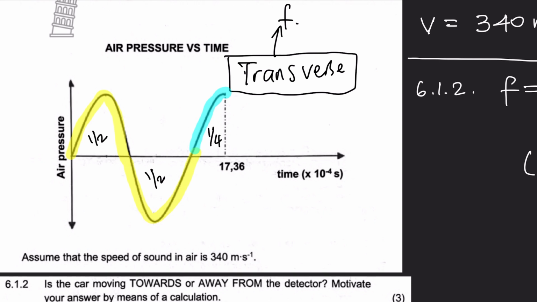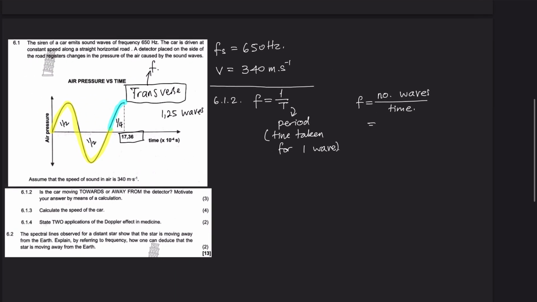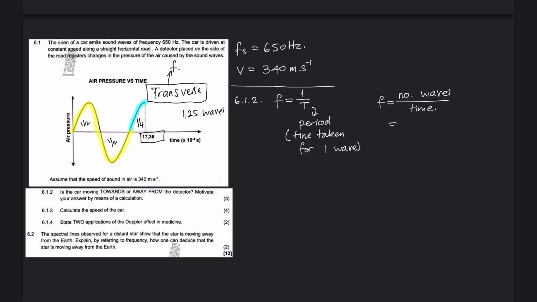So half plus a quarter is 1.25 waves. And the time taken for the wave is shown to us. So the number of waves that's shown in this diagram is 1.25, divided by the time taken, which is 17.36, be careful now, times 10 to the negative 4.